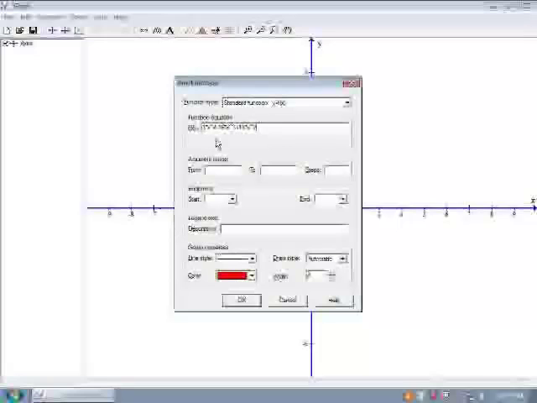Now, since the domain is negative 1 to 4, on the graph program we can restrict the domain. So let's graph it.